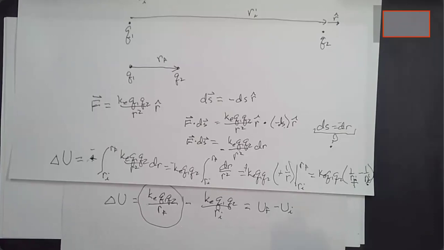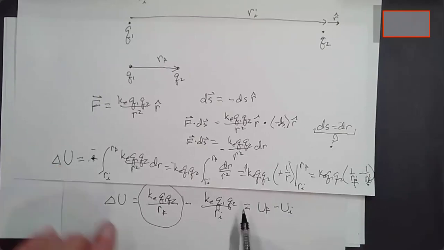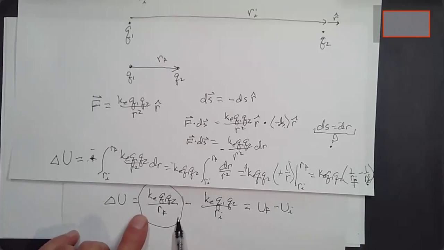And the way we do it is to actually define the potential energy to be zero when they're infinitely far apart. And so the first one, the R initial would be infinity, which makes this term zero, and this would be the final energy.